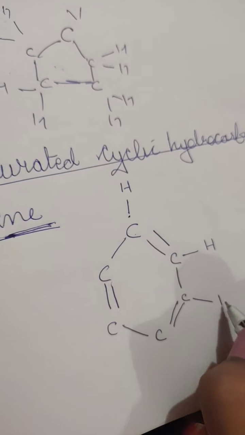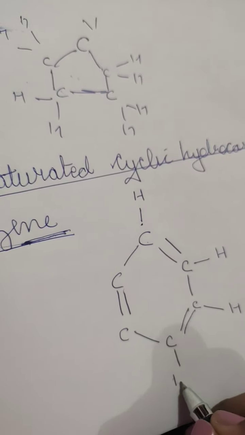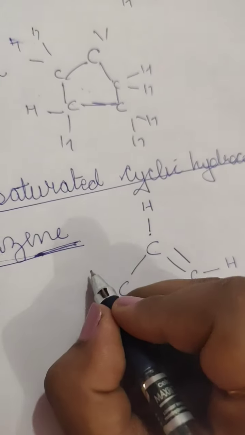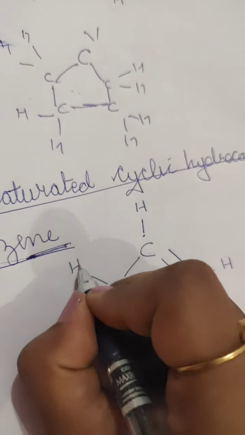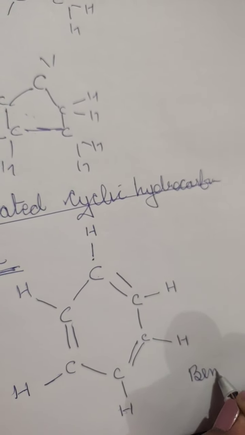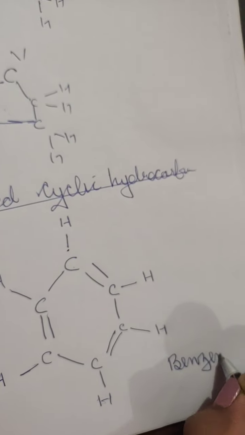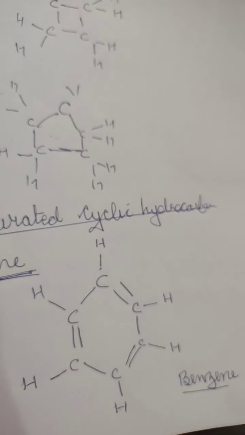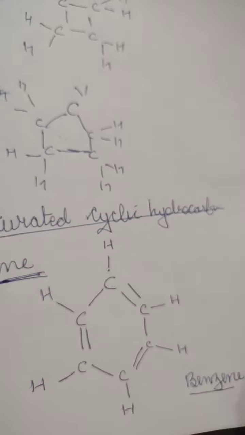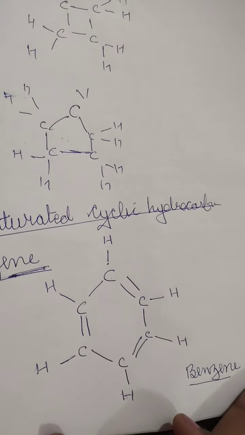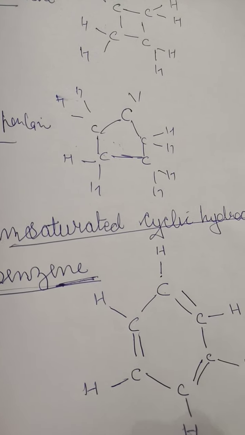And the same for all the carbon atoms, because they are already sharing 3 electrons. So this is the structure of benzene. Because it's ene, it's a double bond. Whenever any hydrocarbon has a double bond, it is called ene, alkene. So this is the example of benzene.